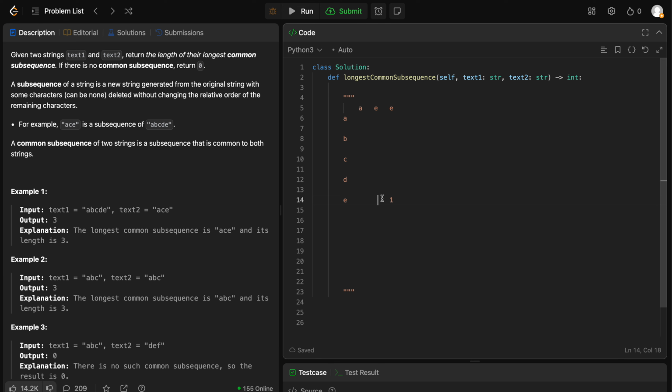So essentially, if they're matching, then we need to skip the rest of them, because this is the best we can get with 1. So anytime we get a match, we should progress and increase both strings by 1. And if we do not have a match, then we can do what we did.